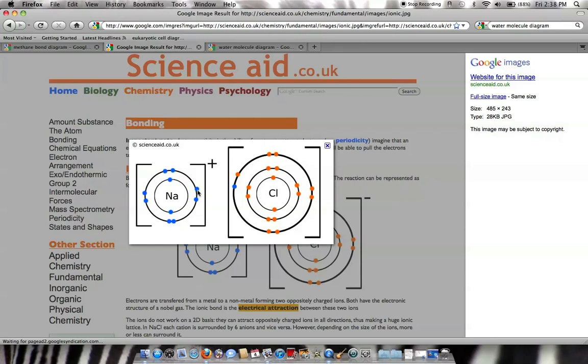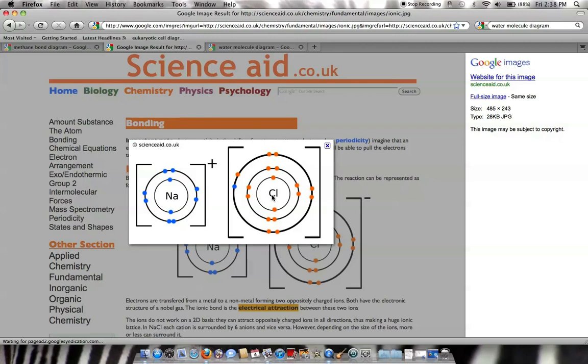So what happens now is that because we have 1 less electron than there are protons in this sodium atom, that sodium atom becomes positively charged because there's more protons. Now, because chlorine has 1 more negative electron than it does positive protons, it is now negatively charged.